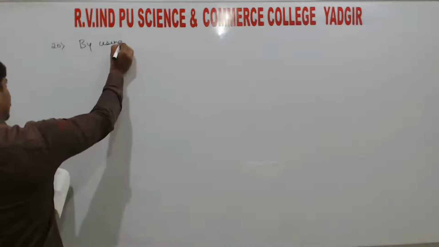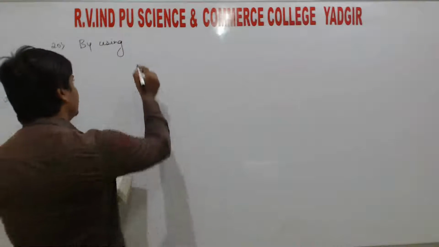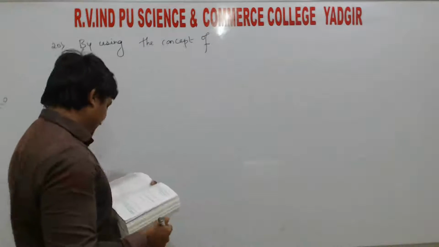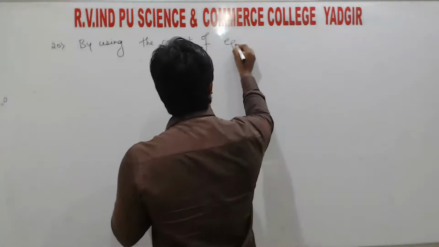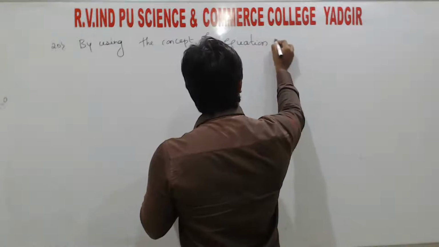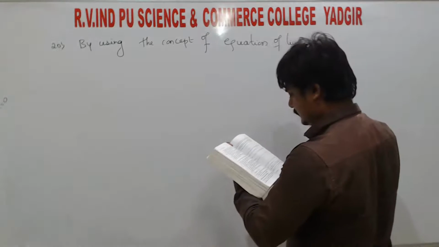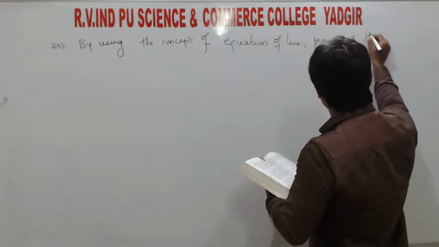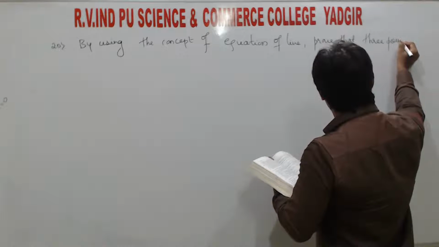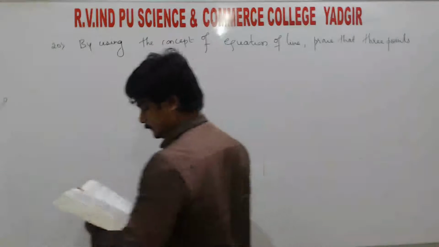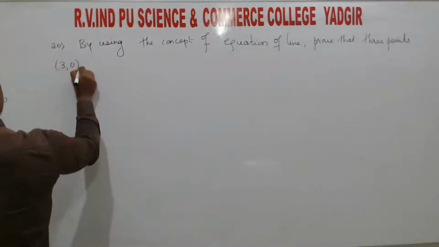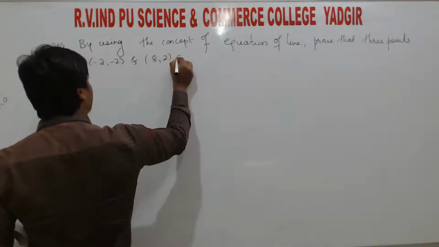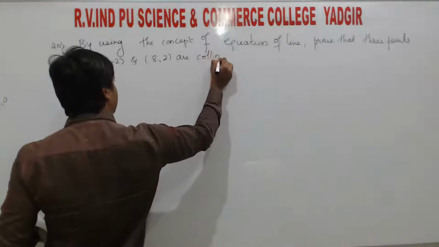By using the concept of equation of line, prove that three points (3, 0), (-2, -2) and (8, 2) are collinear.